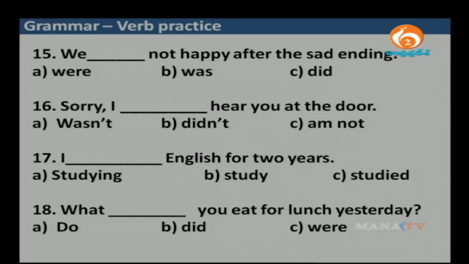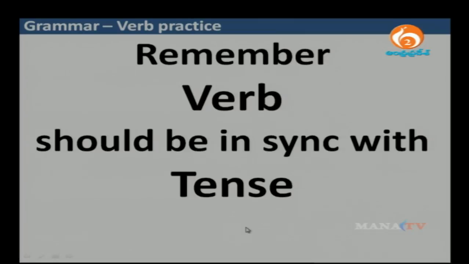Question number 18. What dash you eat for lunch every day? What do you eat for lunch? If it's every day, it's do. Since this is yesterday, what did you eat for lunch yesterday? Because this is past tense, so it will be did. So please remember the verb should be in sync with the tense.